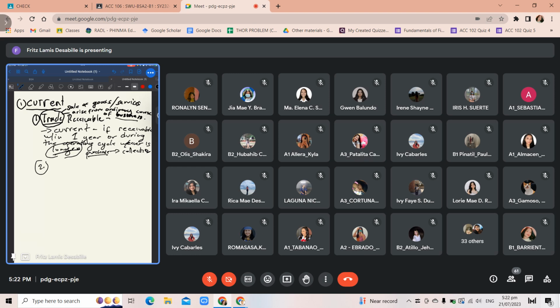Sometimes that cycle would go over one year. A perfect example of an operating cycle longer than one year is installment receivable.